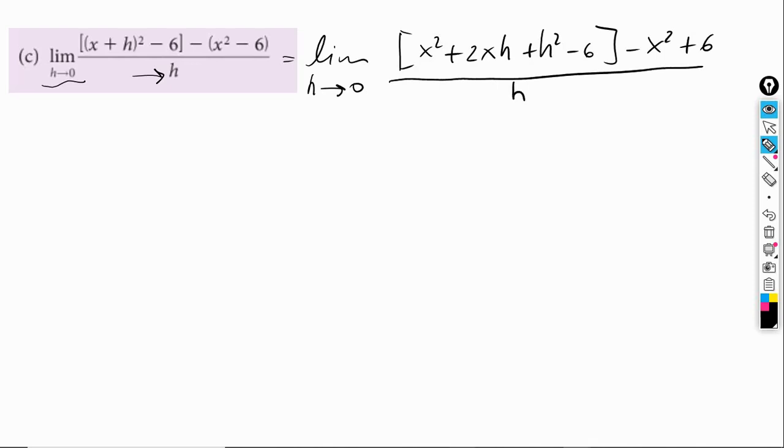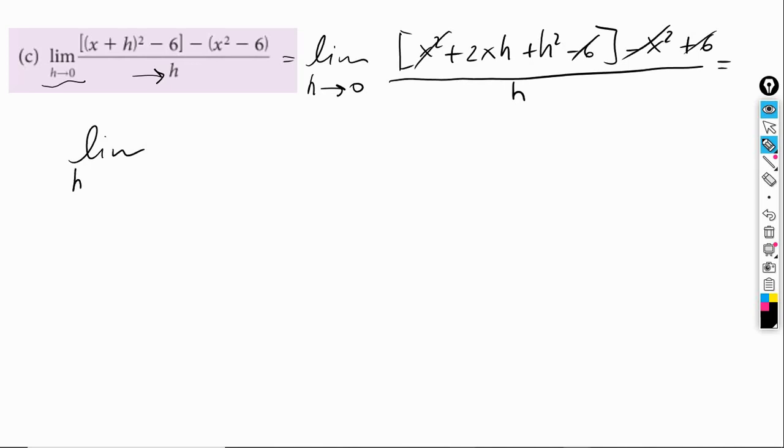So what we need to do is find a way to cancel h. And I think we can see here that h will be canceled out because x squared minus x squared cancels out, and negative 6 plus 6 would also cancel out. So we end up with this expression. Now don't forget to rewrite this limit thing because it'll cost you points if you don't.